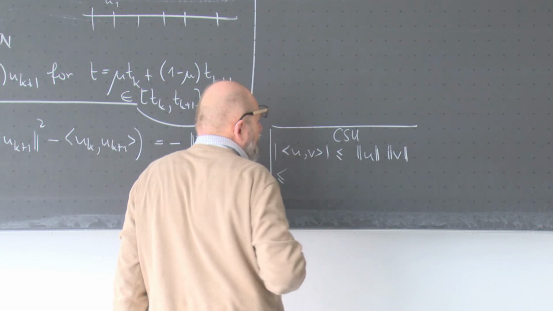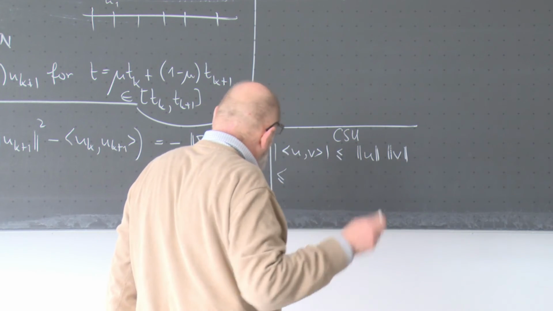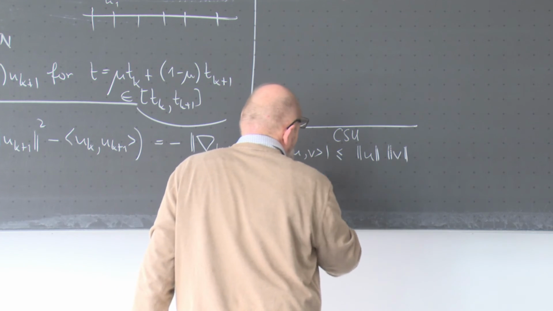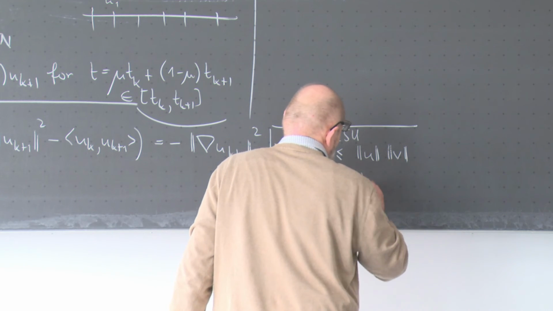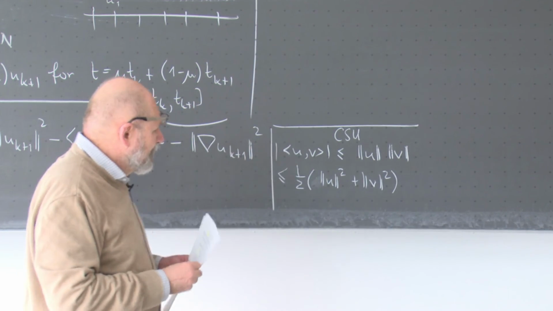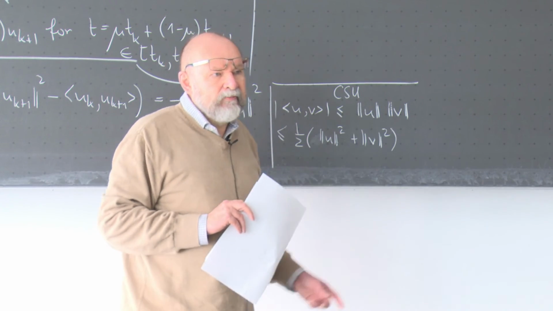So one version would be with a binomial theorem, not sure whether it's a theorem, but anyway, would be just this thing here. This is the separation just with 2ab less or equal a squared plus b squared.